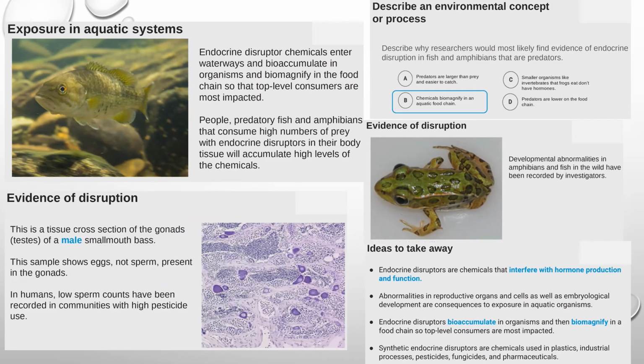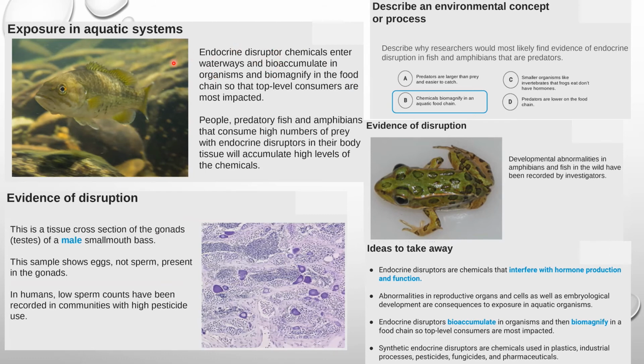Okay, so remember that endocrine disruptors are chemicals that can interfere with the endocrine system of animals, and they can lead to birth defects, developmental disorders, gender imbalances, all kinds of other issues. So if we eat predatory fish, and they have ingested endocrine disruptors that do not break down in their body, they're going to bioaccumulate, and they can biomagnify moving through the trophic levels.